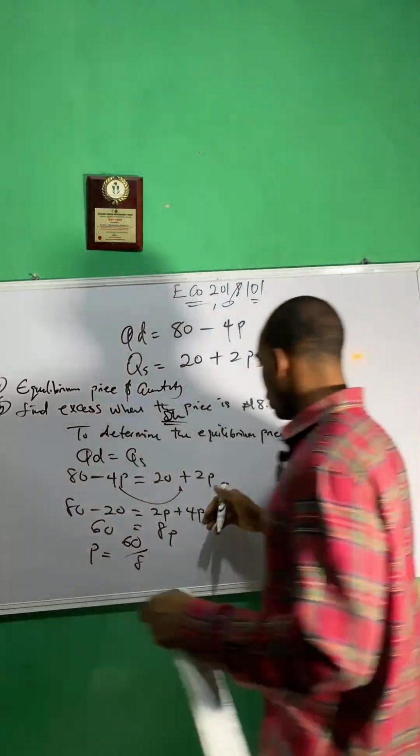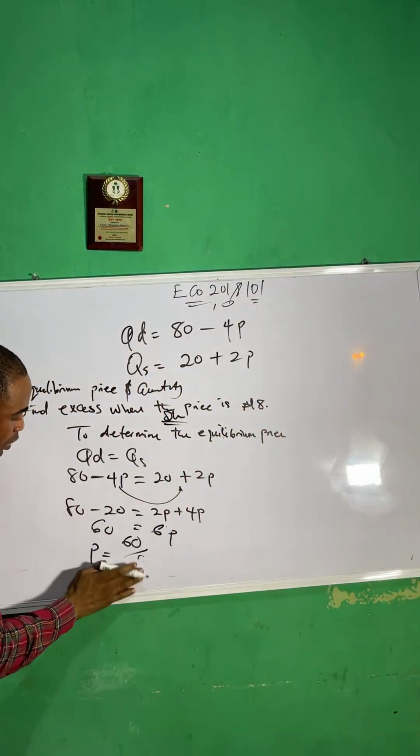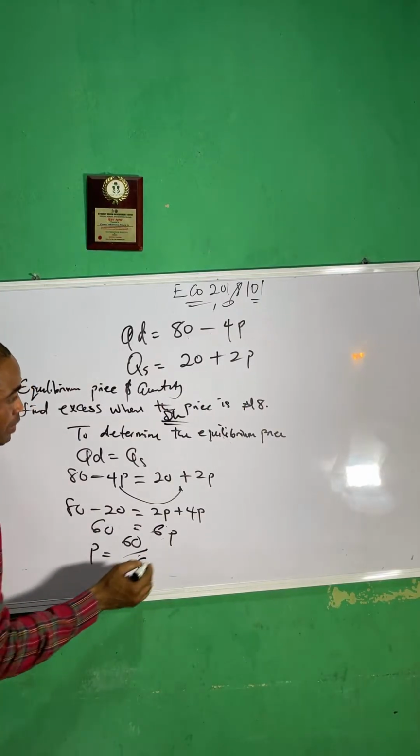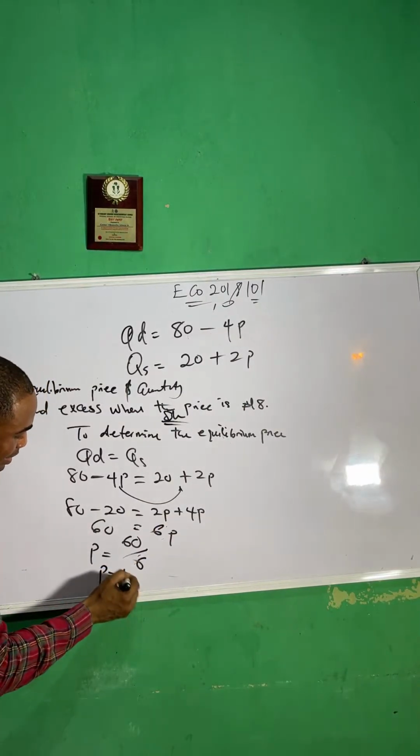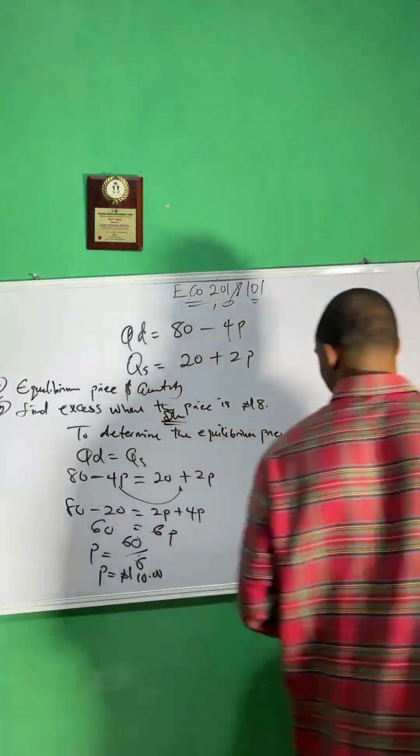Sorry, it's not 8p, it is 6p, because 2 plus 4 is 6. So we divide by 6. That means my equilibrium price is 10 naira.